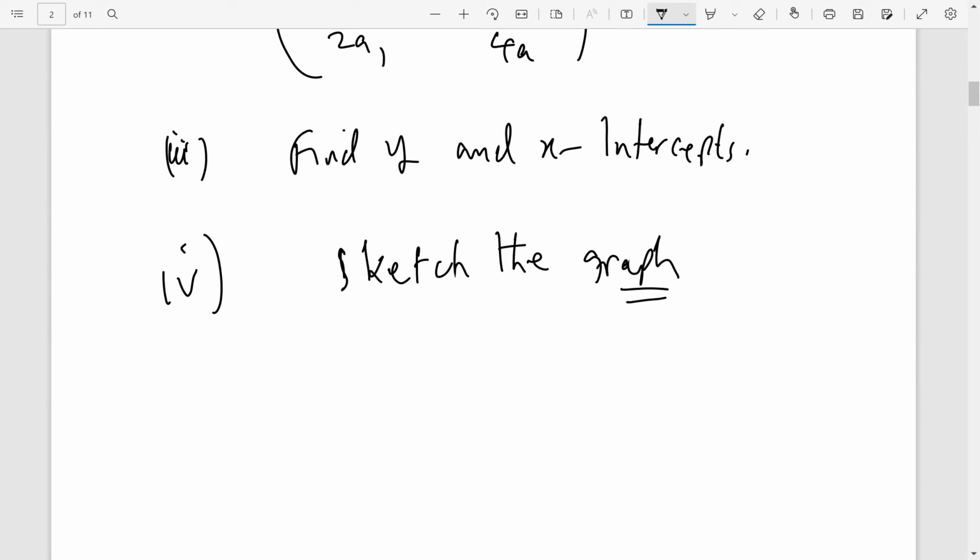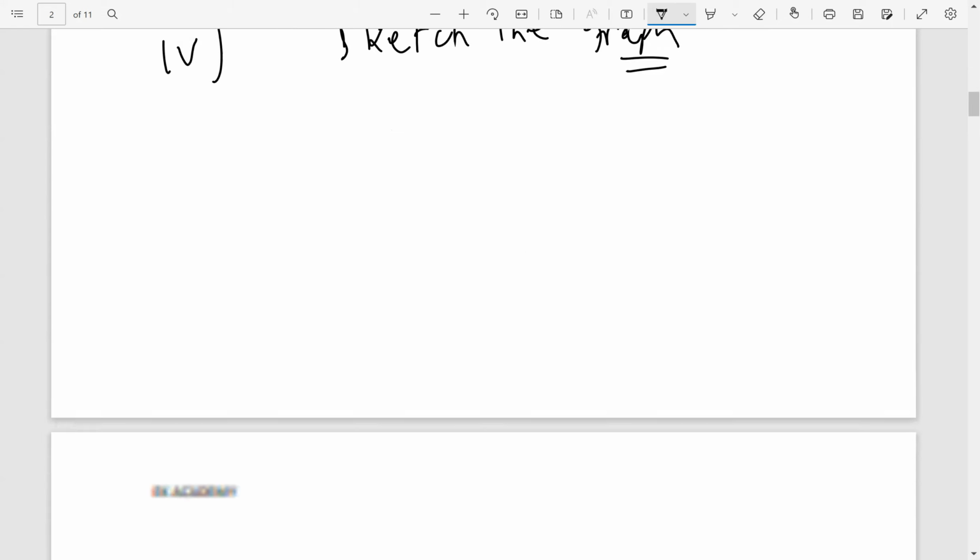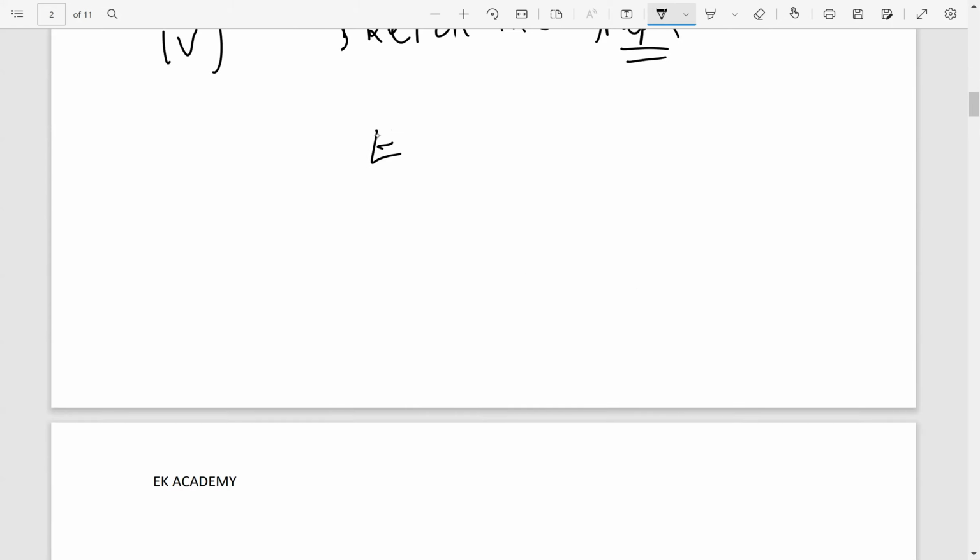So let us see an example here. You have been given an example.